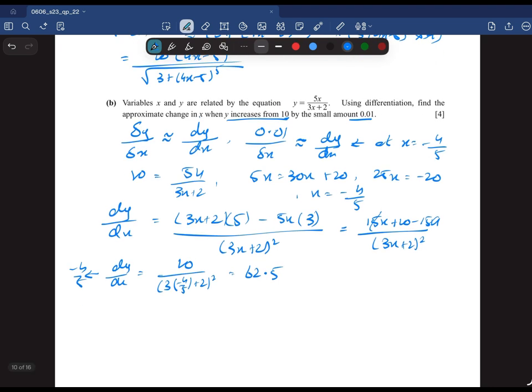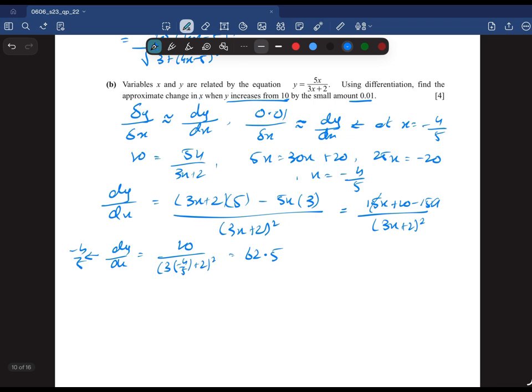So small change in x is equal to 0.01 upon 62.5, which is 0.01 divided by 62.5. 1 upon 6250, that is equal to 1.6 into 10 to the power minus 4.